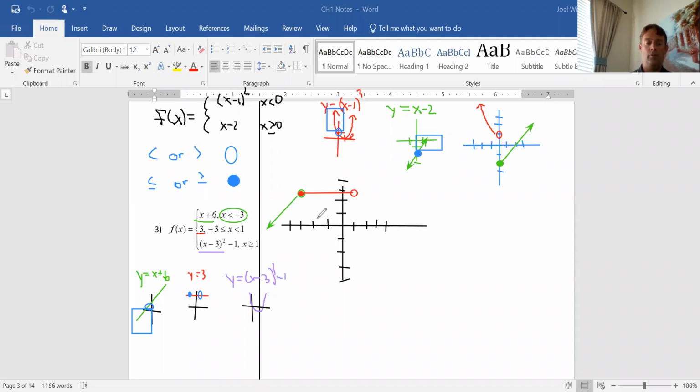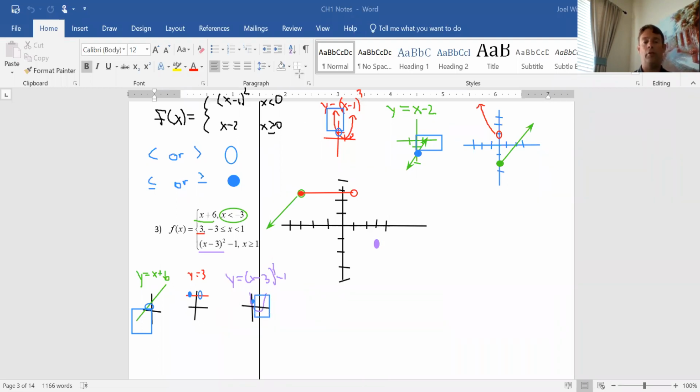Notice that it has the vertex at 3, -1. So let's go ahead and put our vertex there at 3, -1. And it says I'm going to go from x is greater than or equal to 1. So that would be right about here somewhere. And I want everything to the right of it.